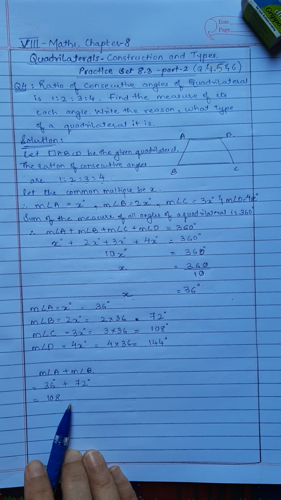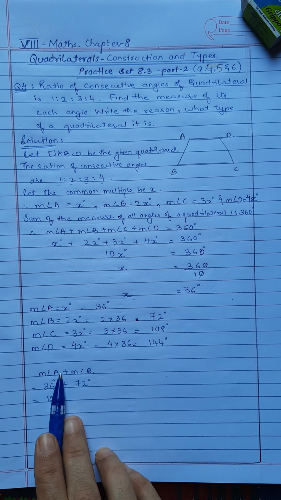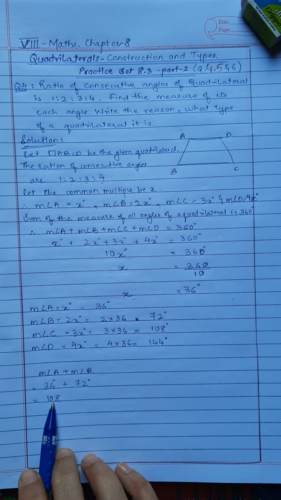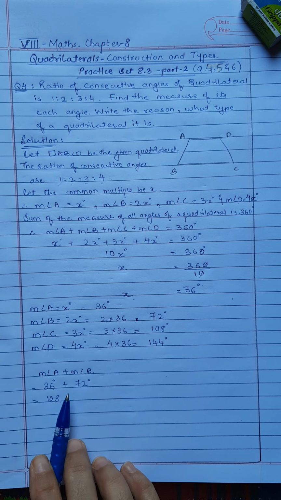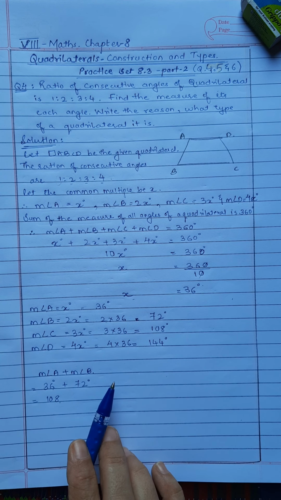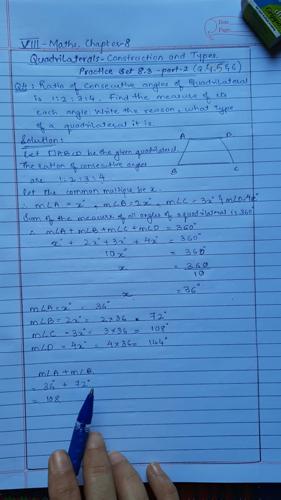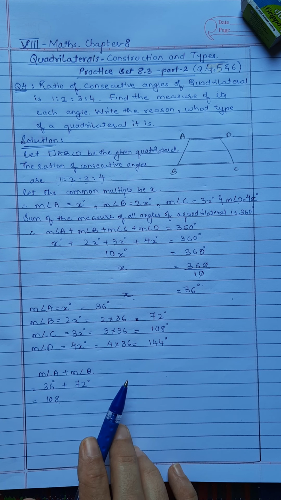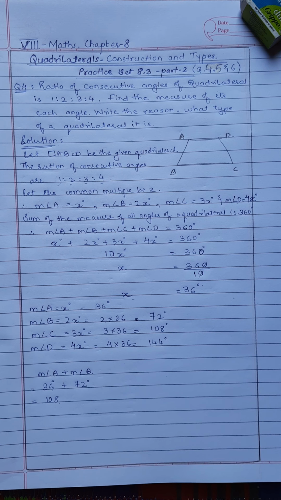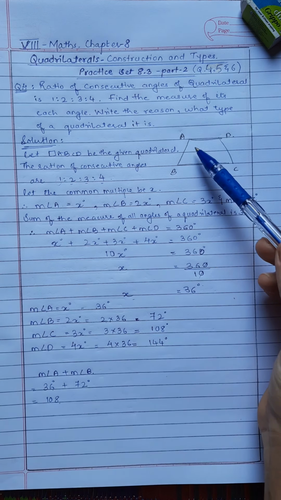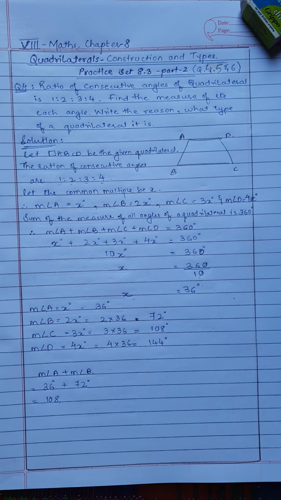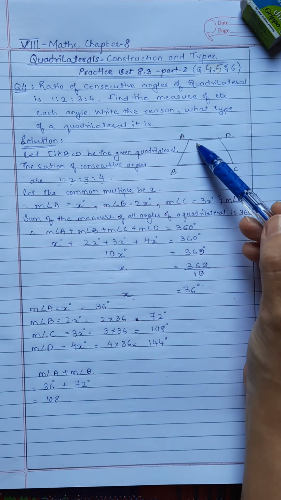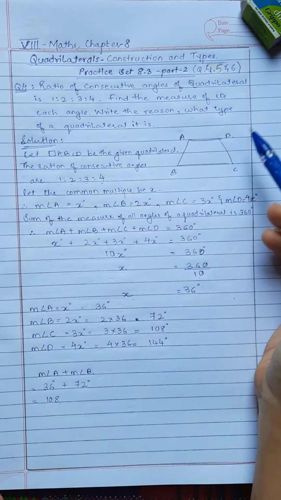So we got the answer that the measure of interior angles is not 180 degree. Therefore, the given quadrilateral is not a parallelogram, but it is a trapezium. And it will be a trapezium when two of the sides are not parallel.